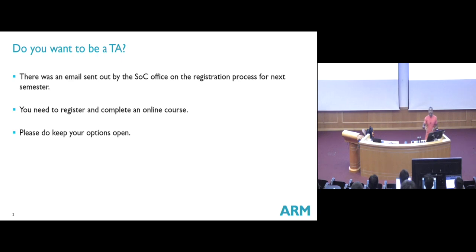If you don't see your name there, we cannot select you. So if you're interested, make sure you follow the timing, look out for the email and go register for whichever module you want.